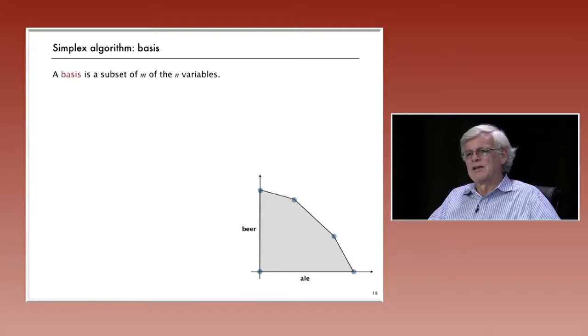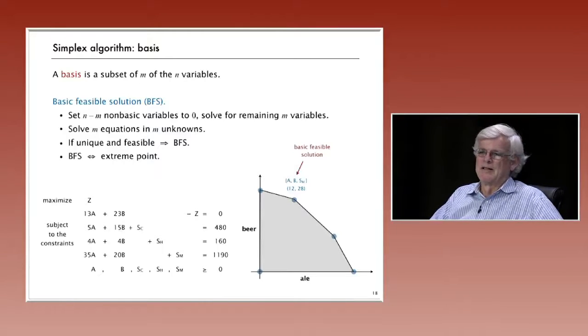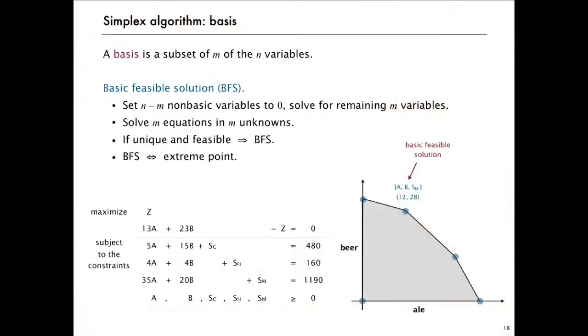So there's first the idea of a basis. That's just a subset of the variables. So we pick a subset of the variables, and then we're always going to be working with something called a basic feasible solution. So the idea is you have a subset of the variables, say that's m.